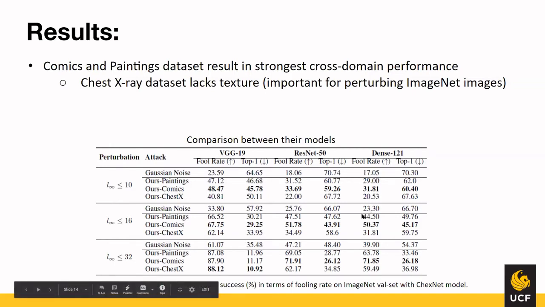It's interesting to note here, as magnitude increases, now the chest X-ray data set is performing slightly better than the other 2 data sets. So that was interesting to see. The authors didn't include much discussion on that, which I would have liked to see, because it's interesting to see how the different data sets result in different performances, especially across different epsilon values.